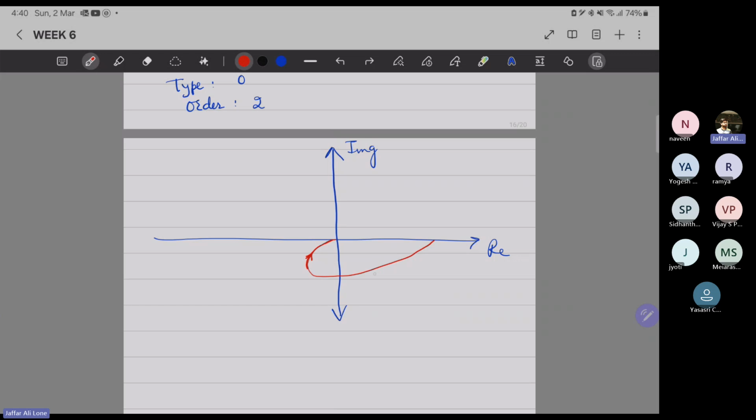Now I have to make the inverse polar plot. I told you that in order to draw the Nyquist plot, I need to draw the polar plot, the inverse polar plot, and one infinite semicircle, which is given by the type of the system. So now you have to draw the mirror image along the real axis. This is my real axis, so I need to draw the mirror image of this polar plot. It will be like this.